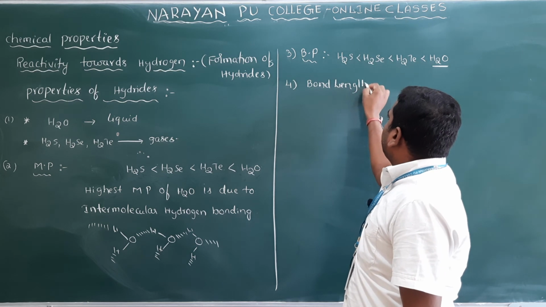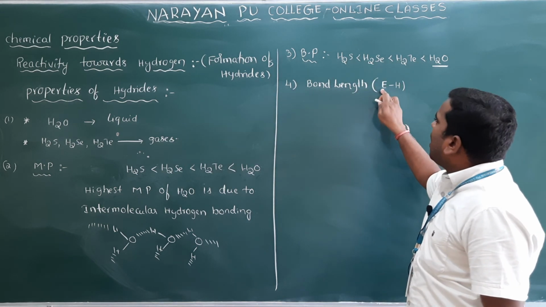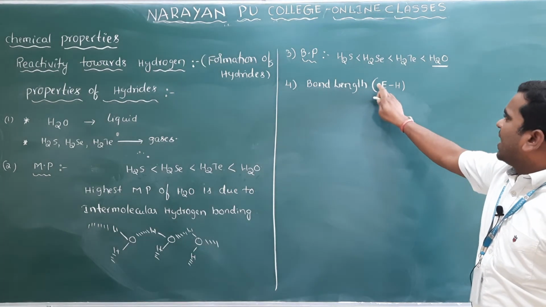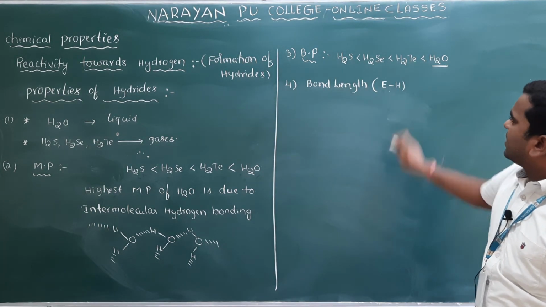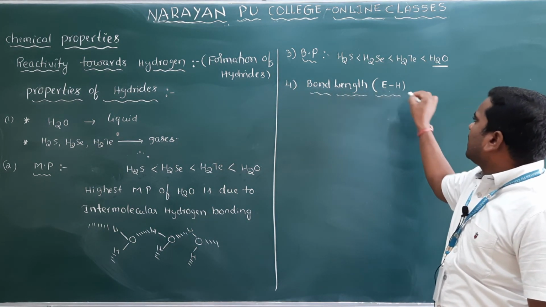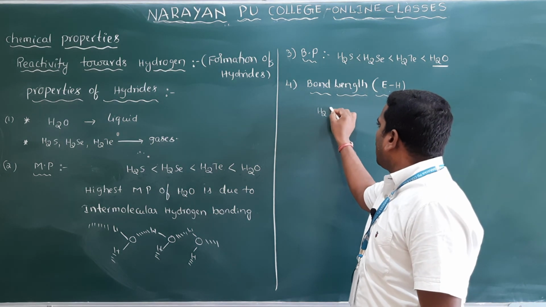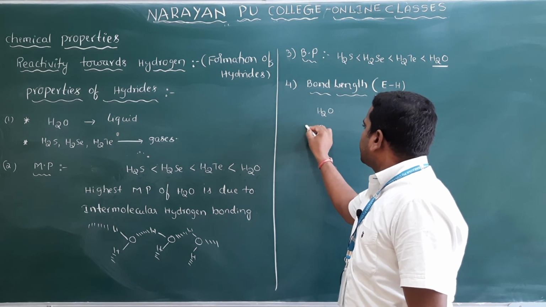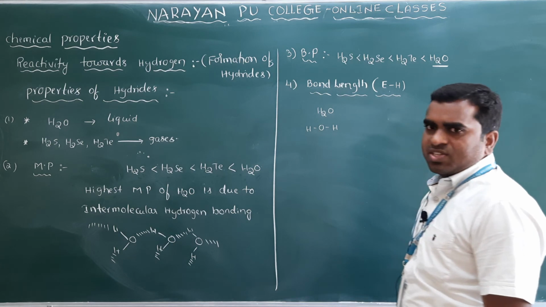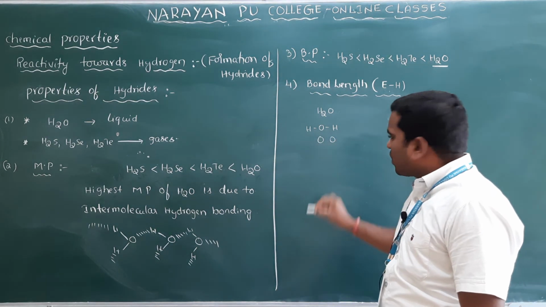Bond length means the E-H bond. E means oxygen, so the O-H bond, and the sulfur H bond. If I take the water molecule, H2O, here there is an H and here is an H. Oxygen is a small atom and hydrogen is also small.